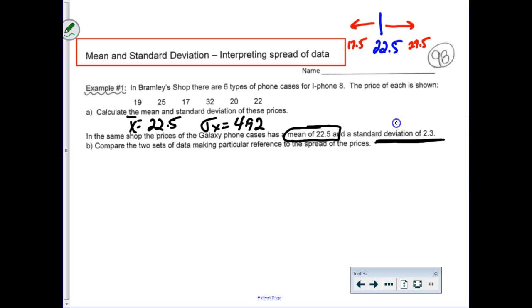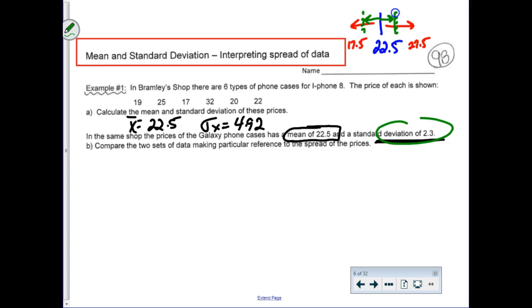But for the Galaxy case, they still start at 22.5, but the spread goes out $2.30, so it's not going to go out as far. So like $20 and almost $25.